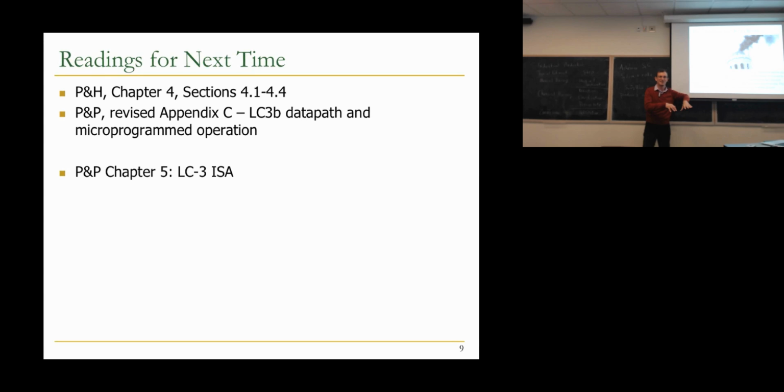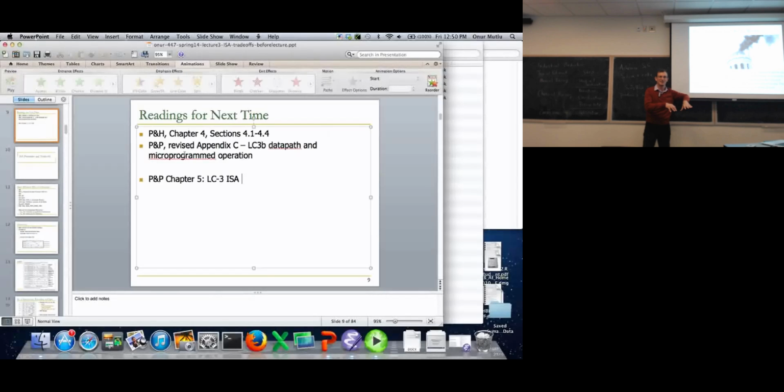And we will cover LC3B. This is the Patt and Patel book. It has a revised Appendix C that talks about the operation of the microarchitecture of the LC3B. And this is the LC3 ISA. Actually, we should have an Appendix A, right? Maybe I should change this. Actually, this chapter is still relevant, but I'll also add revised Appendix A. Oh, okay, that's good.